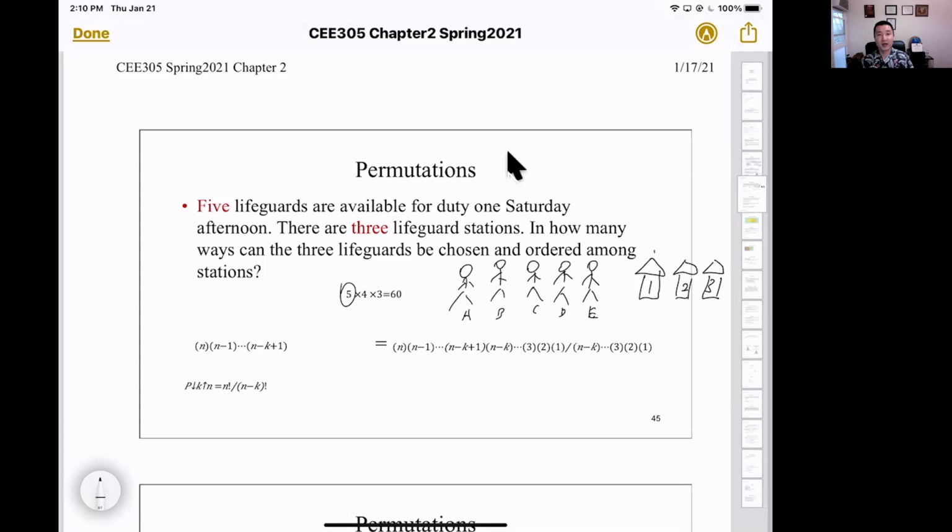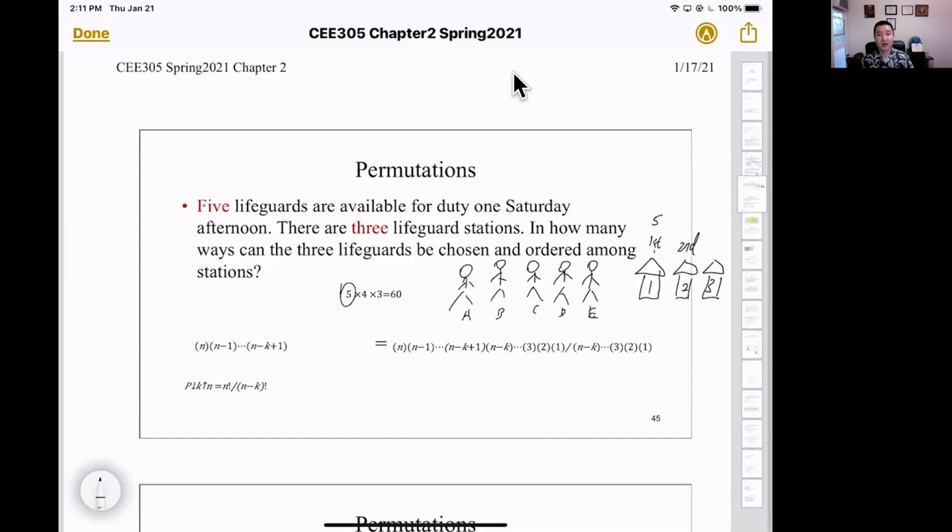Then the second step is we choose another lifeguard for station 2. So that's the first step, this is the second step. In the first step, we have 5 ways to do that. For the second step, because we picked 1 lifeguard already, we have 4 remaining candidates.